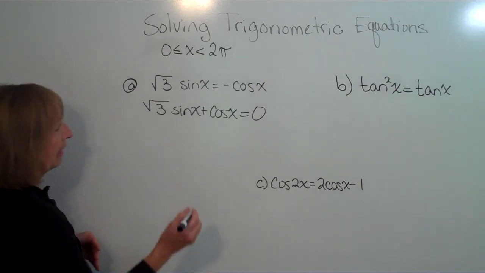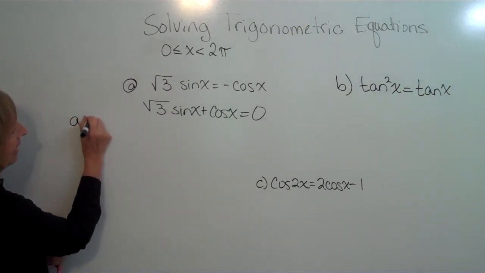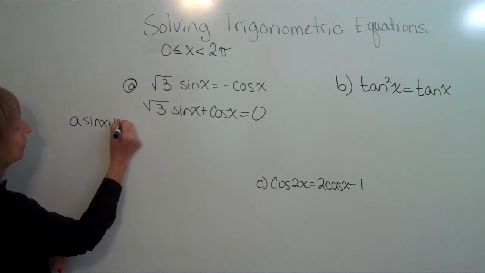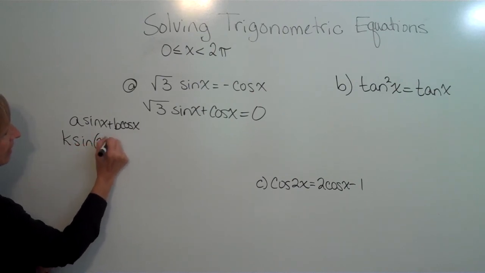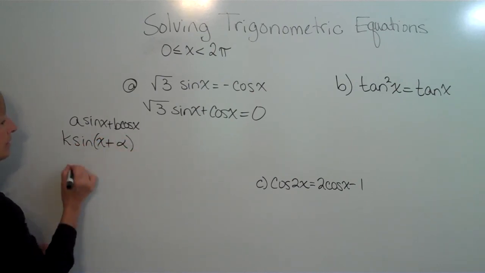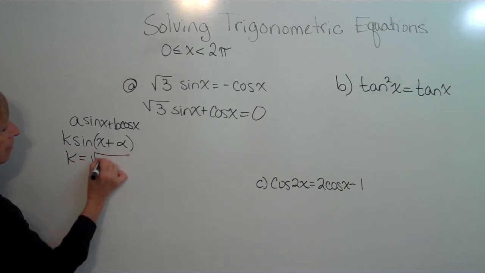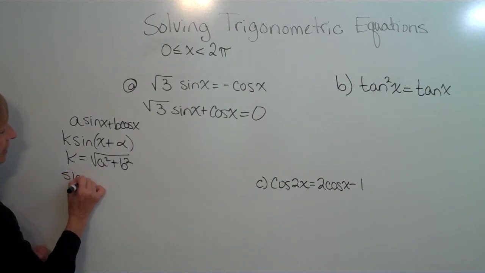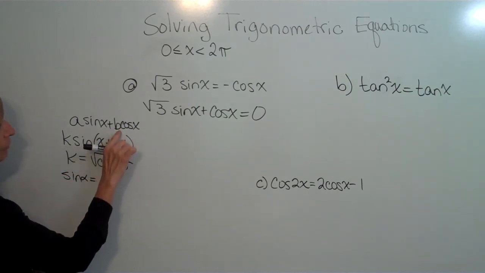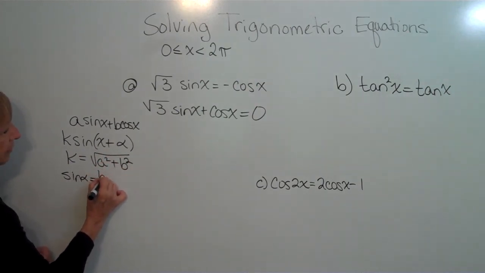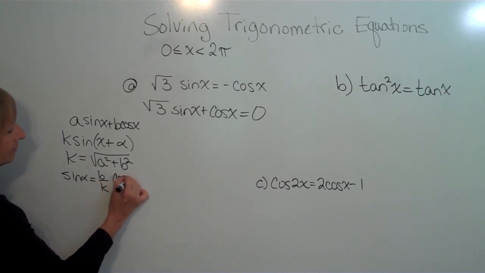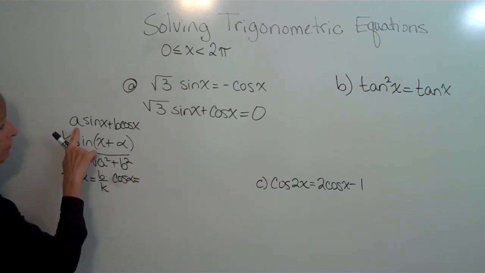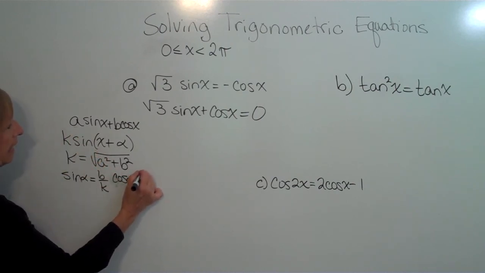So just recalling that off to the side, if I have a sine x plus b cosine x, I can write that as k times the sine of x plus alpha, where k is the square root of a squared plus b squared, and alpha is the angle such that the sine of alpha is the coefficient in front of the cosine over that k, so b over k, and the cosine of alpha also has to be the coefficient in front of the sine over k, so a over k.